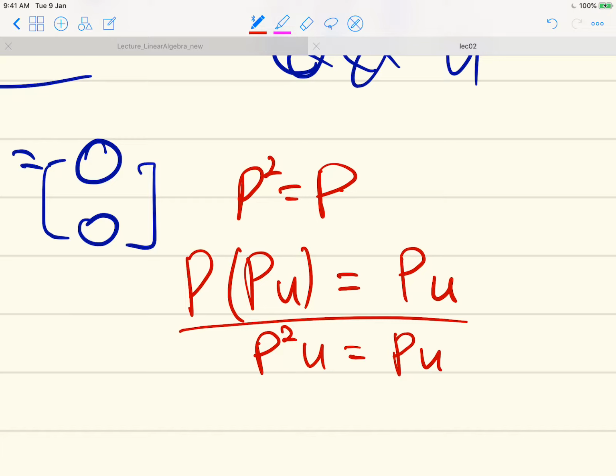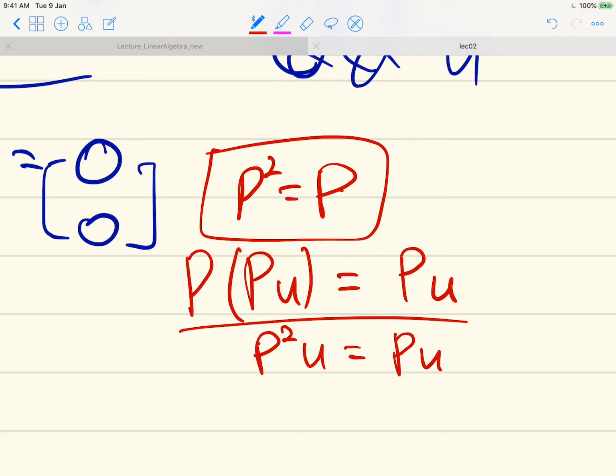This should be satisfied for any given U, and the only way to satisfy this for any given U is P squared equals P. So our orthogonal projection is one representative example of an idempotent matrix.